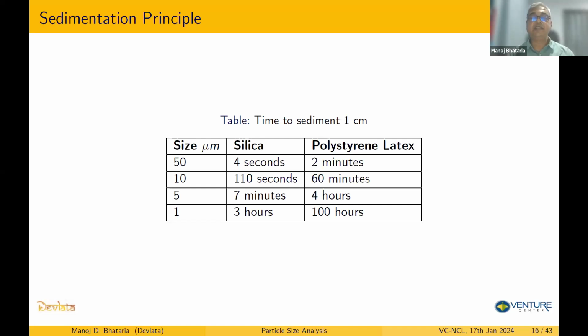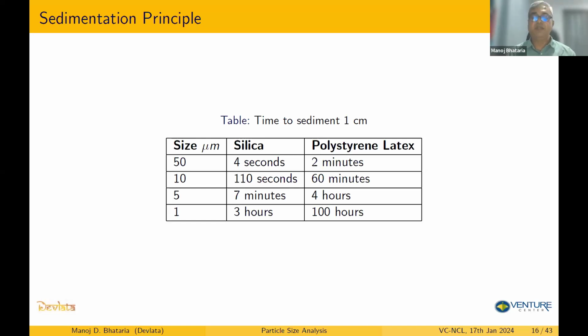As silica is denser than polystyrene, it is going to sediment faster, but polystyrene is going to take a long time. For the same size, as we go to 1 micron, silica would take 3 hours, but polystyrene latex would take 100 hours. So it is just not possible to do most analysis with such time periods involved.